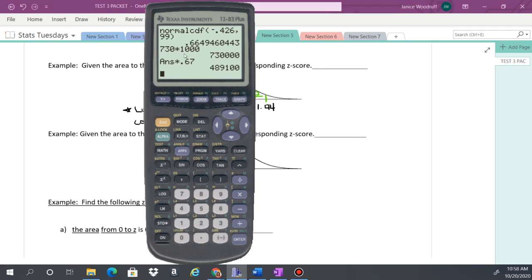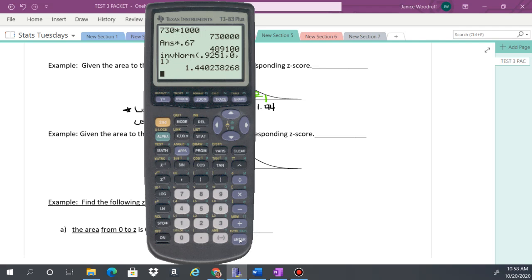So here's what you're going to do. Press second, distribution, and then right underneath normal CDF is inverse norm. Select inverse norm, and then enter the area to the left. If it doesn't give you the area to the left, you have to find it first. This time it does, so put 0.9251. Then your mean, which is 0, and your standard deviation, which is 1.